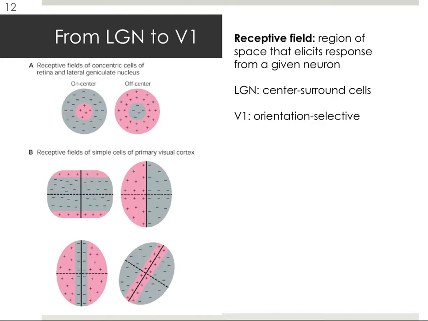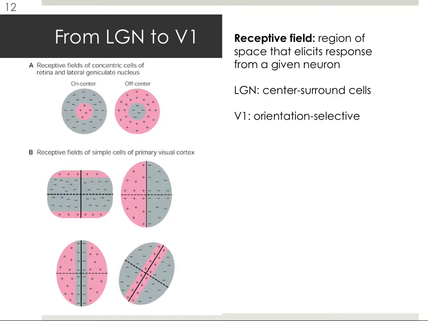And interestingly, there are cells that respond to bright points, but then there are also cells that respond to dark points. So you can think of the cells that respond to bright points as on-center, off-surround cells. So the center-surround distinction is what lateral geniculate nucleus cells are sensitive to, and in contrast, the dark responsive cells are off-center, on-surround cells.